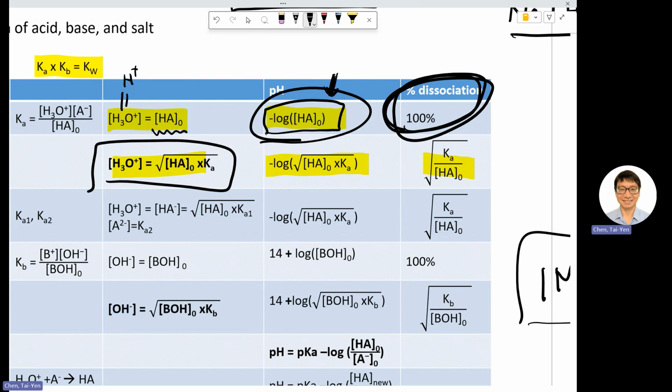Okay, it is always true. So all you need to do is memorize the equation and then practice that. Make sure that when you operate your calculator, you do it right every time. Once you know how to calculate your proton concentration, the next thing you do is just take negative log of that, then you get the pH.